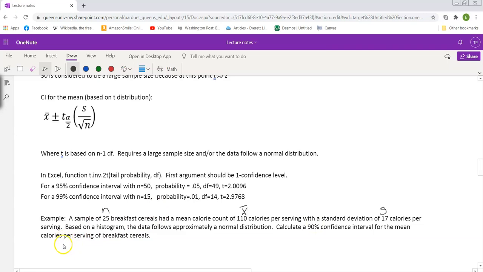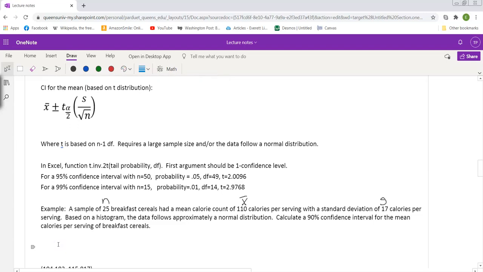So to get our value of T, our tail area, our probability, is going to be 0.10 because it's 1 minus 90%. And our degrees of freedom is the sample size minus 1, which gives us 24.